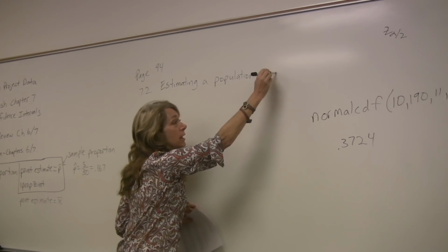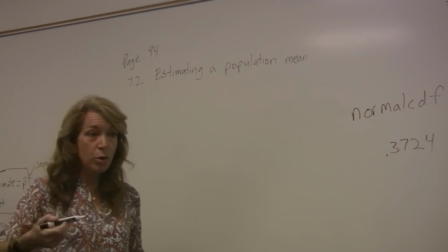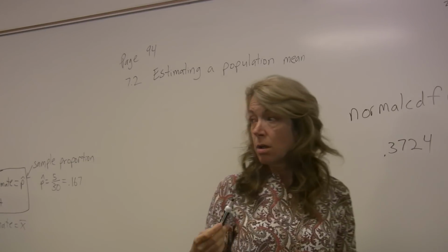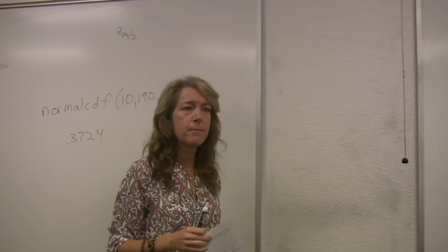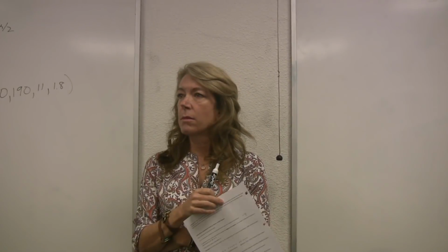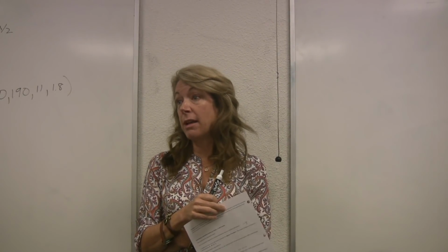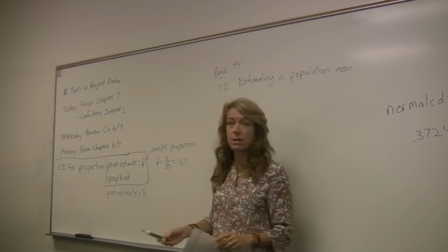I heard it very quietly, I think somewhere over there. Is that you, Evelyn? We were estimating a population proportion. What's the difference between a proportion and a mean? Mean for a sample? Oh, we can find a mean for a sample and a proportion for a sample. We actually talked about that here. We can find a sample proportion and a mean for a sample.